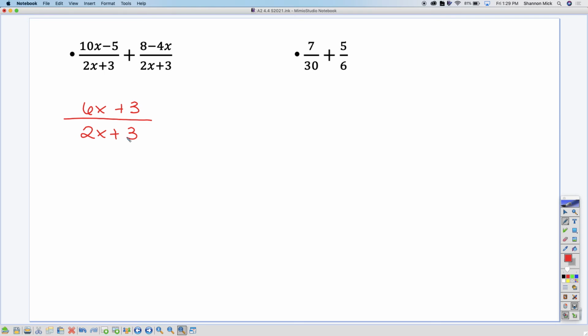Not home reduced. Question. What should I do with my numerator? Factor out a 3. I should factor out a 3. Now, can anything reduce? No. But should I factor it out if I can?